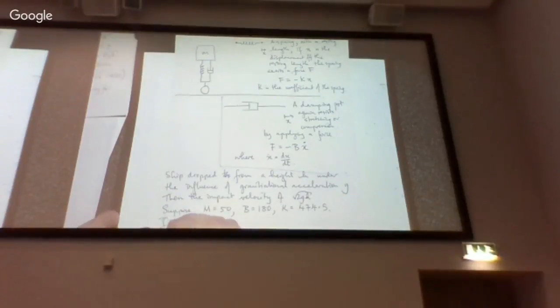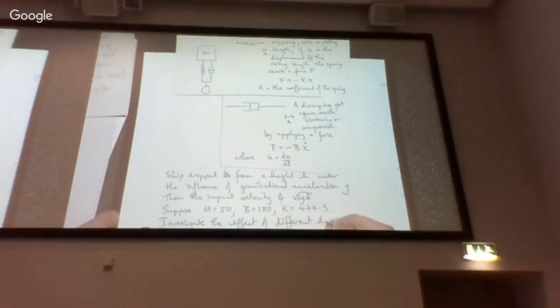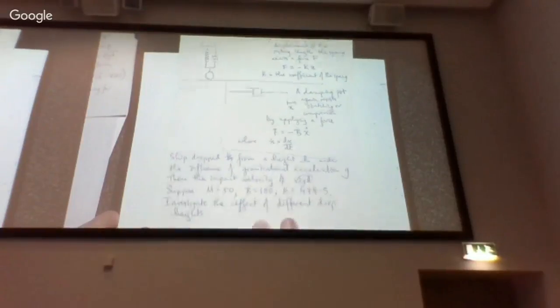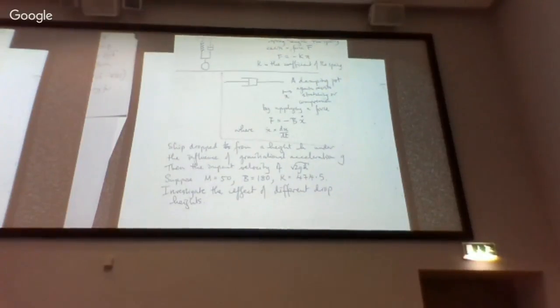The task here is to investigate the effect of different drop heights. So what's the effect of dropping it from different drop heights? How is it going to react after impact? Okay? So when it's falling, the whole contraption just kind of falls.